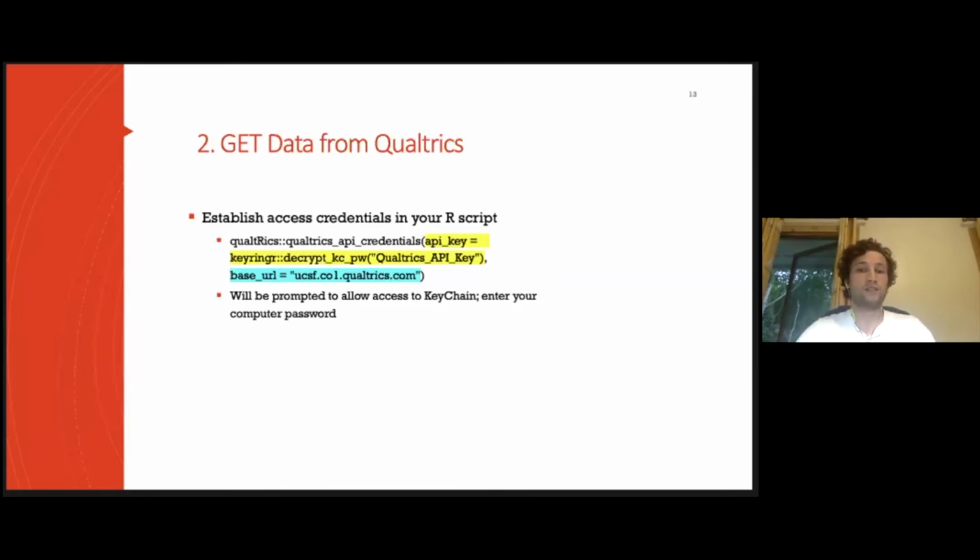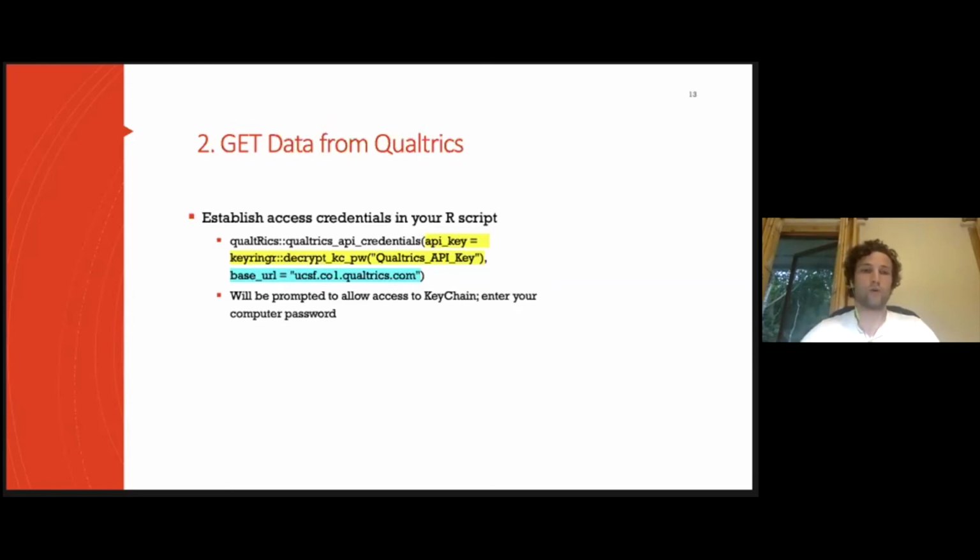You also see highlighted in blue that there's a link listed under the base URL argument. You want to copy that web address exactly as you see it on my screen, because that's the web address that will direct your Qualtrics API credential authentication request to the UCSF version of Qualtrics.